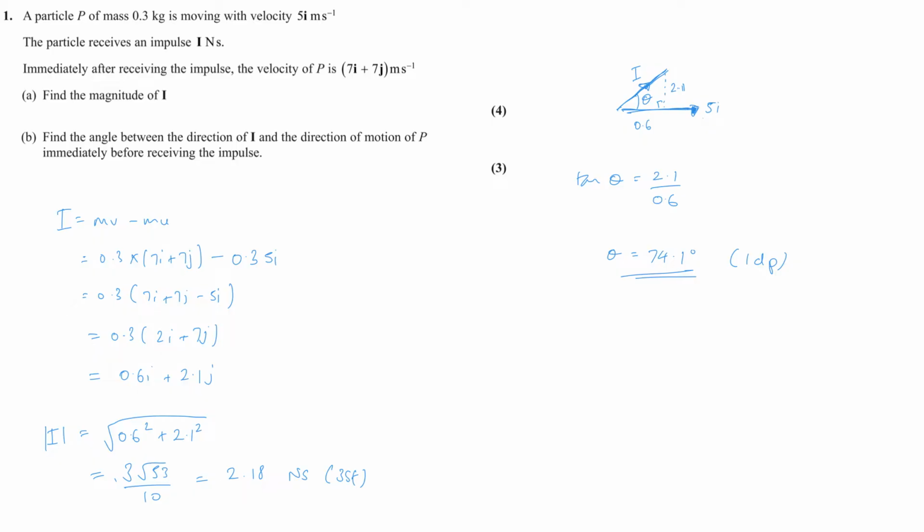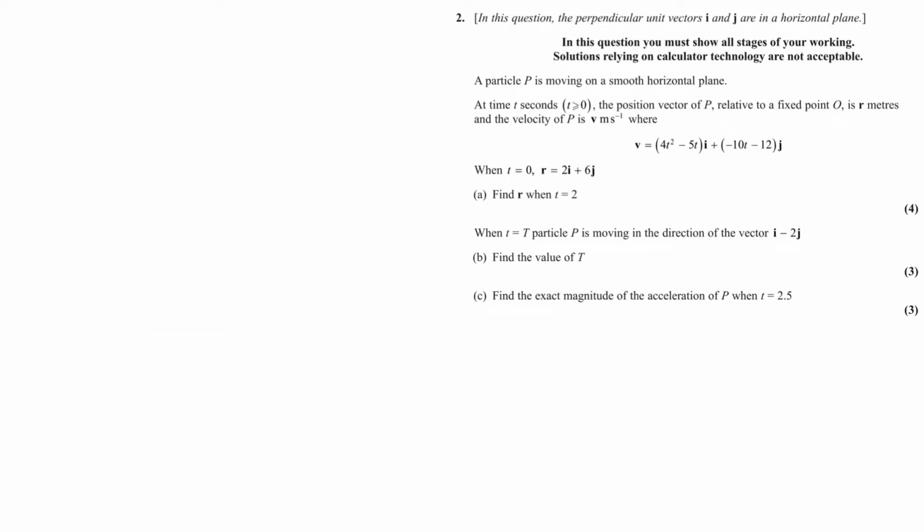Okay, the little diagram, obviously, if you can draw a little diagram for these mechanics questions, it really helps visualize what's going on and find exactly what needs to be found. Okay, so in this question we've got the position vector of this P when t equals 0, and we've got the velocity here.